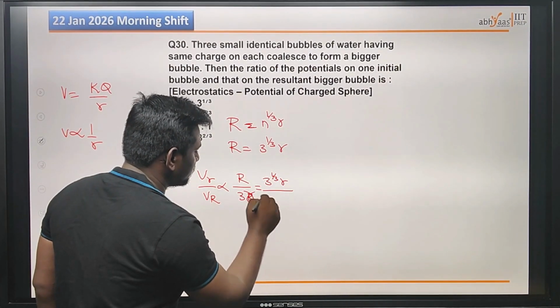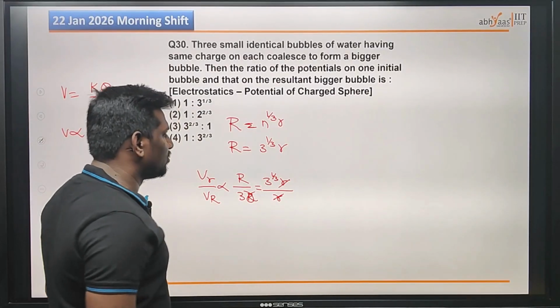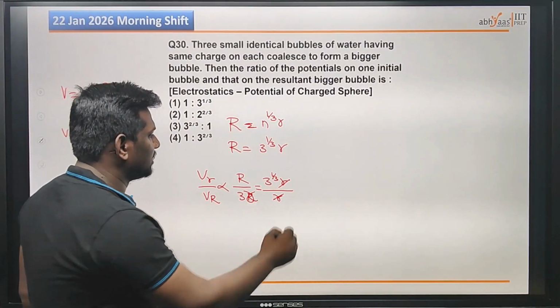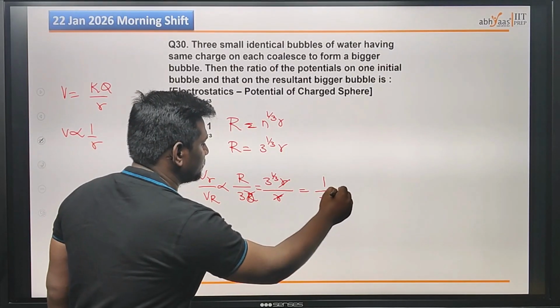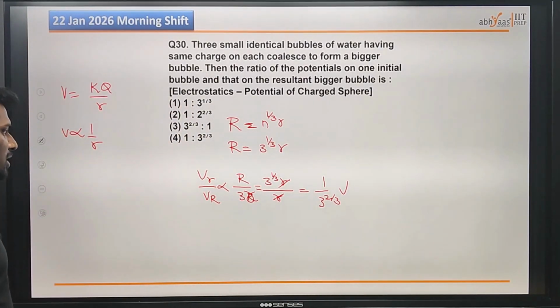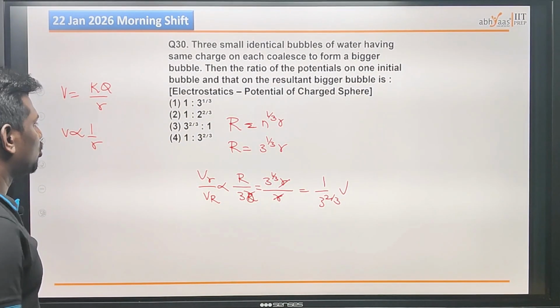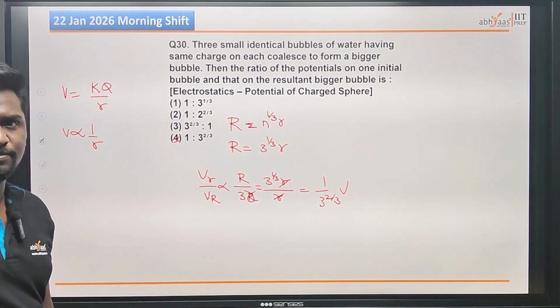Here you have to take small r. If we cancel out, you are remaining with 1 by 3 to the power 2 by 3. So option 4 is the right answer.